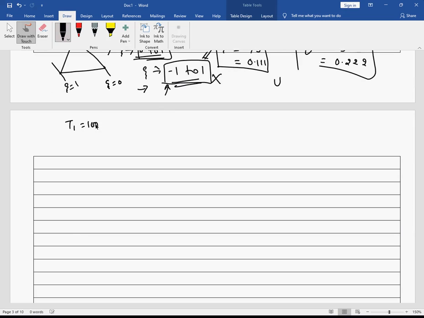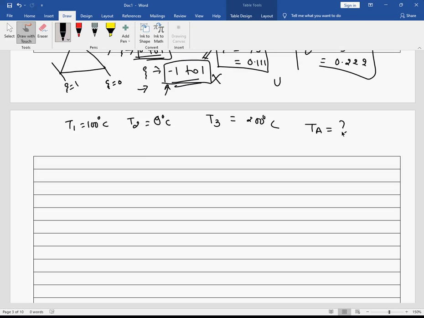T1 is 100 degrees Celsius, T2 is 0 degrees Celsius, and T3 is 200 degrees Celsius. So these are the temperatures given. Now you have been asked what is the temperature at A.